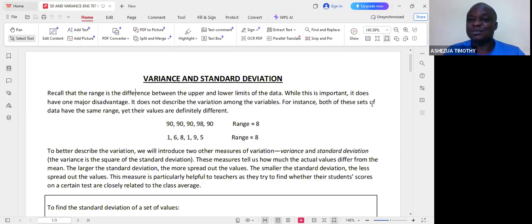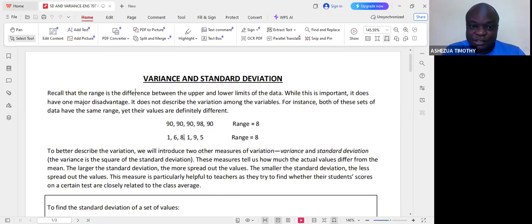For instance, both of these sets of data have the same range, yet their values are definitely different. Range is 8. Even here, the range is 8. Why is the range 8 here? Because the highest value here is 98 and the lowest value is 90, so the difference is 8.